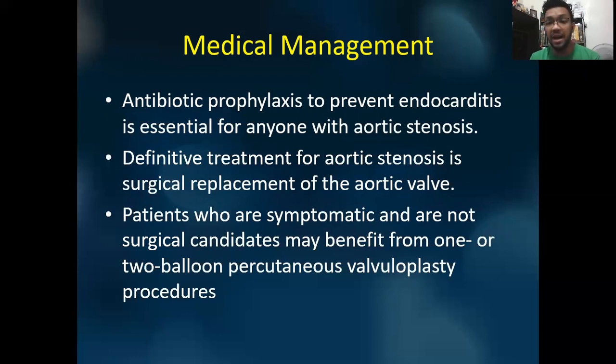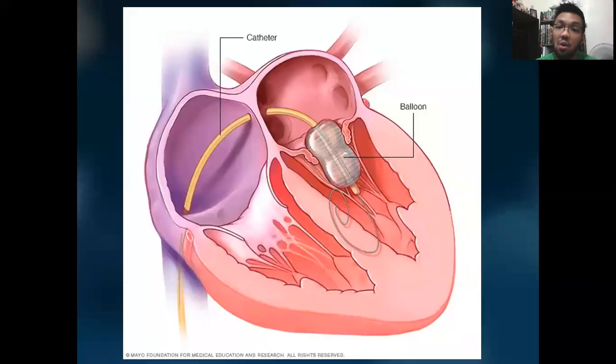Patients who are symptomatic and are not surgical candidates may benefit from one or two balloon percutaneous valvuloplasty. This procedure is done through cardiac catheterization. They are going to insert a catheter into the patient's blood vessels.